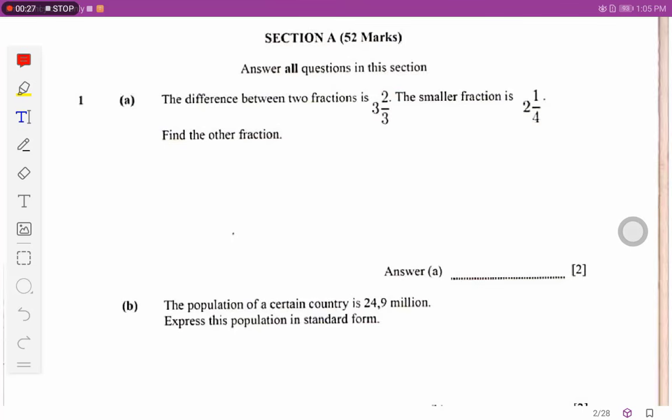Number 1 says that the difference between two fractions is 3 and 2/3. We are given that the smaller fraction is 2 and 1/4.